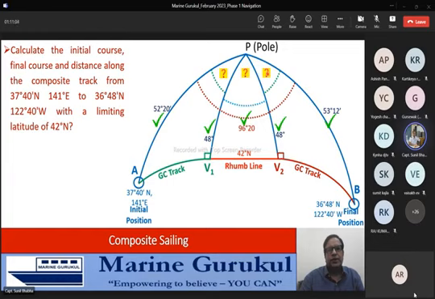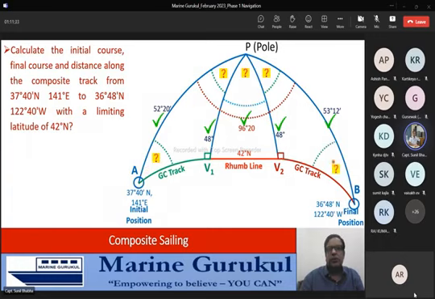This angle will help us to calculate the longitude of V2, having known the longitude of B. Now this full angle is known to us, 96 degrees 20 minutes. So this angle can also be calculated. So all these three angles at P, we will be able to calculate. We can also calculate angle A, and this shall help us in giving the initial course when the vessel sets sailing on this GC track at A.